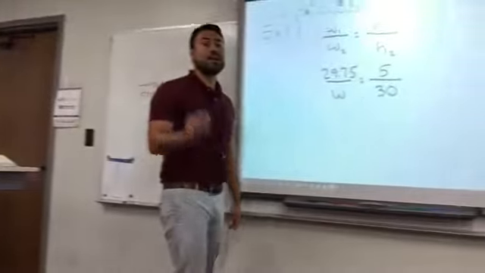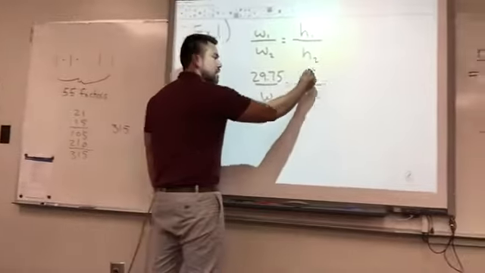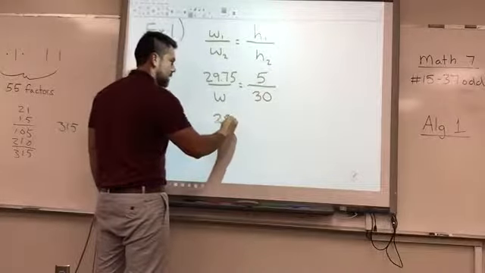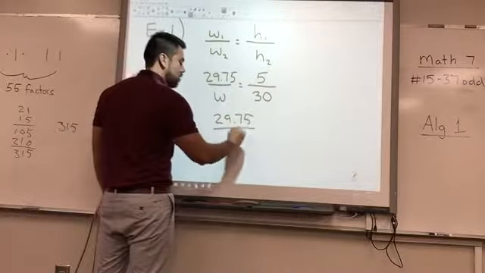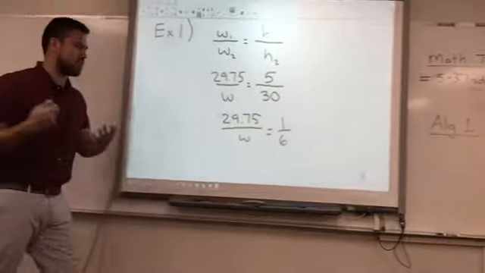Cross multiply, but what can I do first to make my life easier? Yes, sir? 1/6. Yeah, I'm going to change this to 1/6. So I'm going to write 29.75 over W equals 1 over 6. So just reduce fractions if you can.